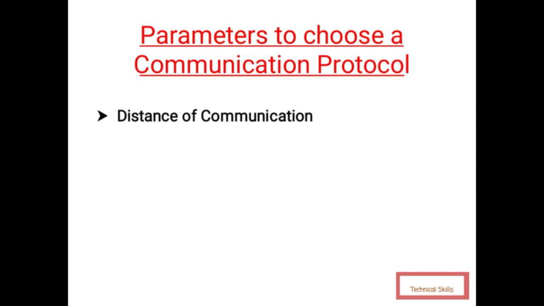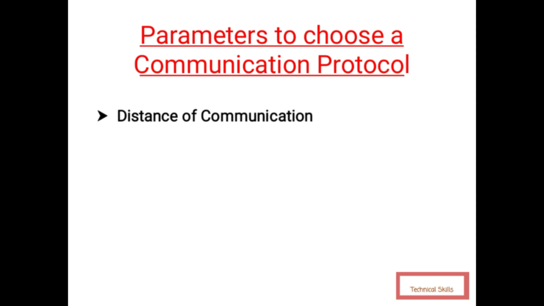But the second case is of SCADA. In case of SCADA, we cannot take it near PLC. SCADA communication is between many PLCs, so distance of communication is also different. So we have to choose a communication protocol according to distance of communication.